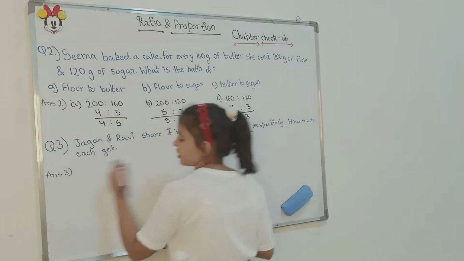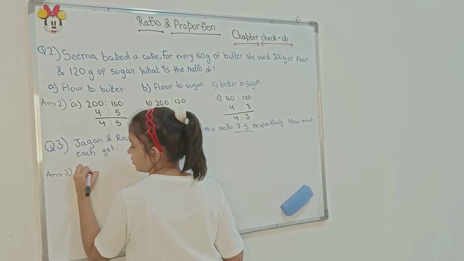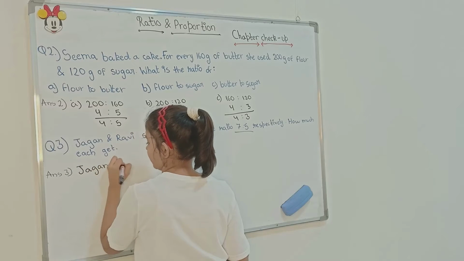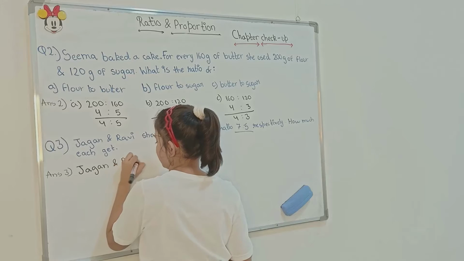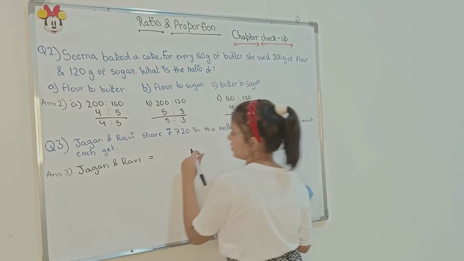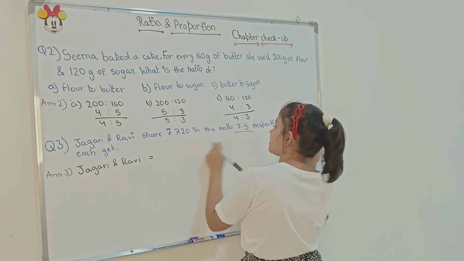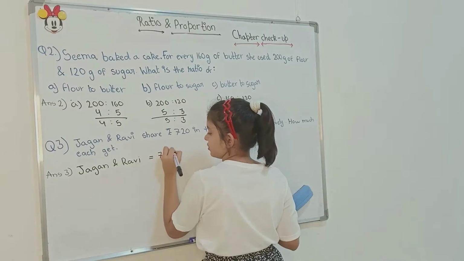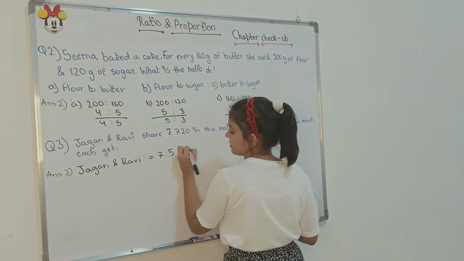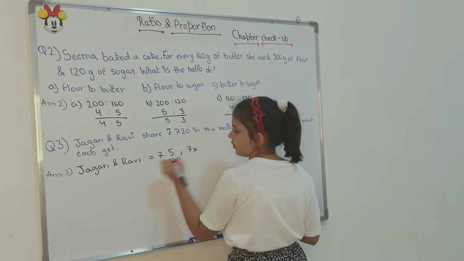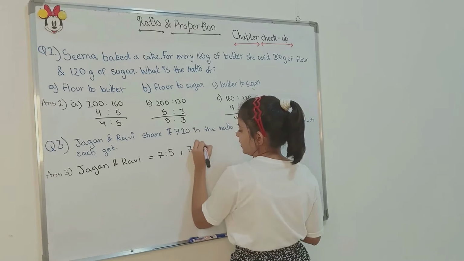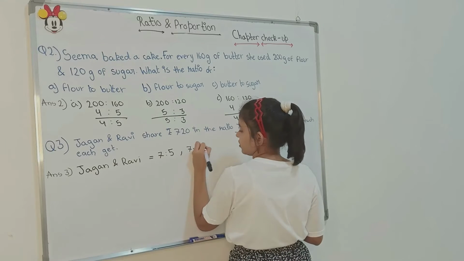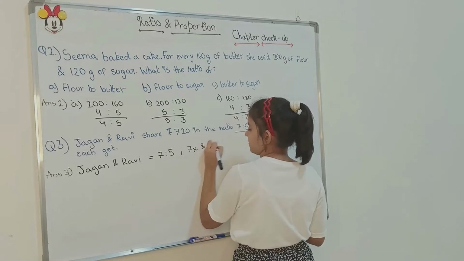So first, Jagan and Ravi. So their ratio was, after dividing 720 rupees, the ratio was 7 is to 5. So then we will write them as 7x for Jagan, and then for Ravi it was 5x.